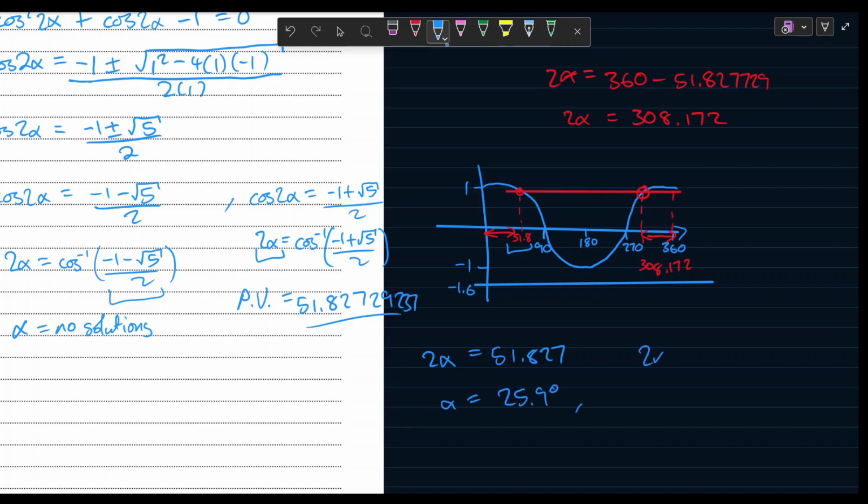Or 2 alpha is equal to 308.172. If we divide it by 2, that's 308.172 divided by 2. This gives us 154.1 degrees. These will be our two answers.